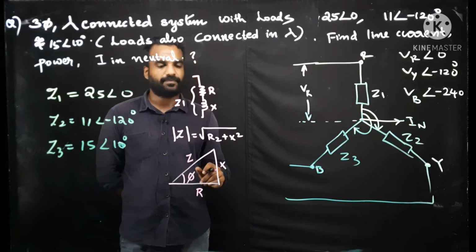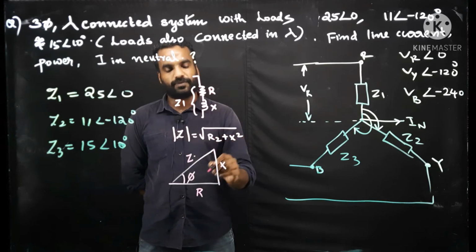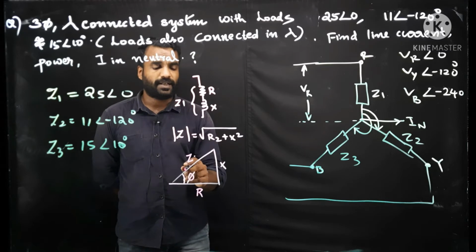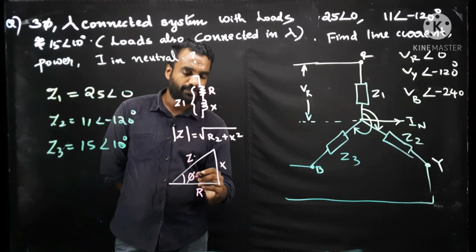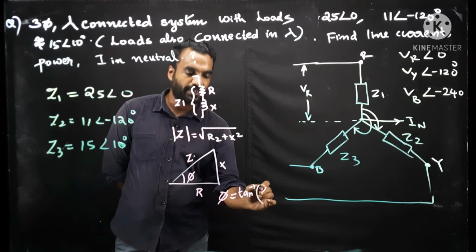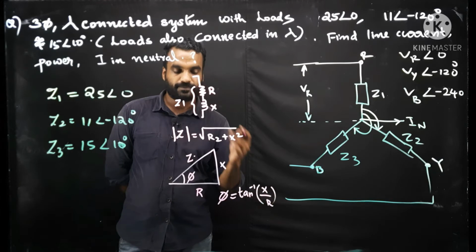So the magnitude is the square root of these two sides, square root of R square plus X square. And what will be the angle? Phi, that you can find by tan inverse of opposite side by adjacent side.